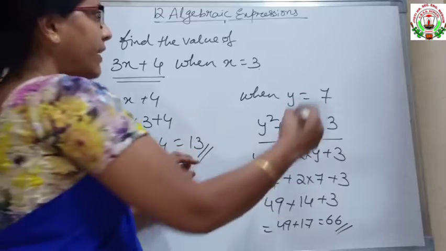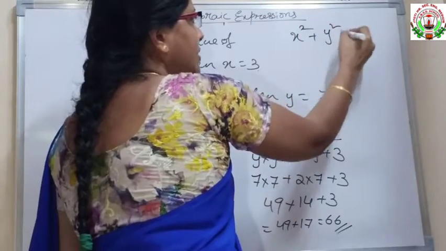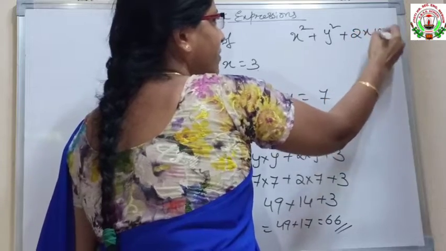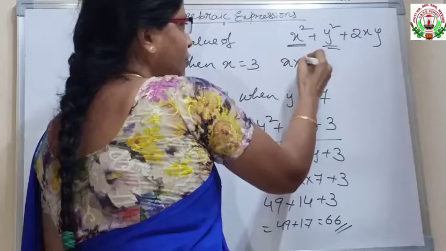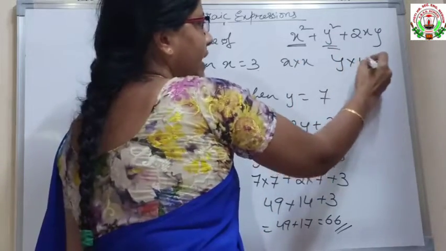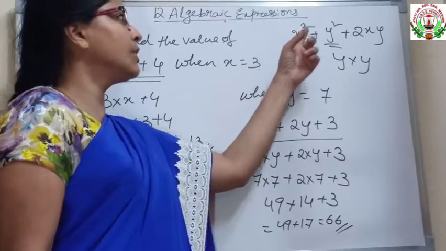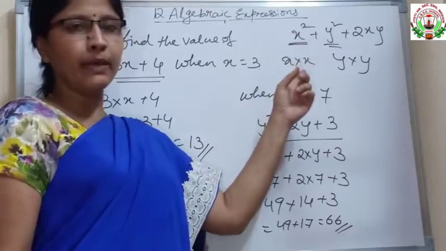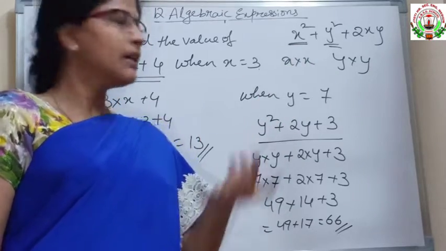See, if it is given as x square plus y square plus 2xy or something. X square means we have to multiply that x 2 times. Y square means we have to multiply that y 2 times. According to the power, we have to multiply. If it is given as x cube, we have to multiply x 3 times.